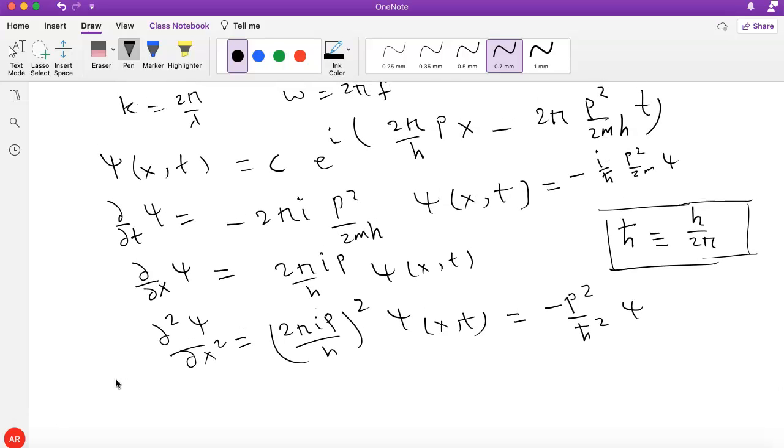So what is happening? I can basically relate these, right? If you consider p squared over 2m times psi, let me take that quantity. I can write it is equal to minus h bar over i times the first derivative of psi with respect to t.